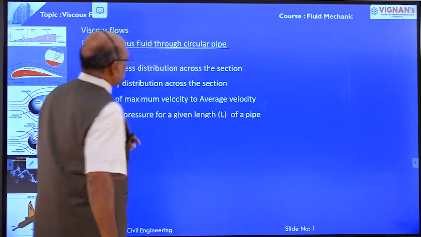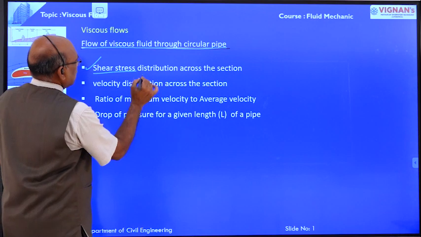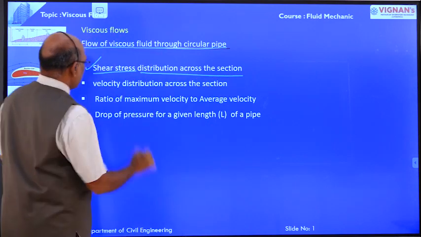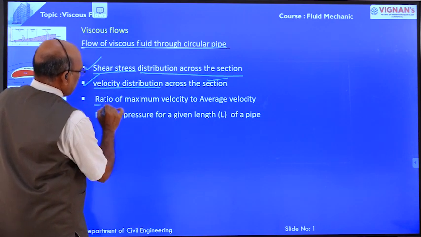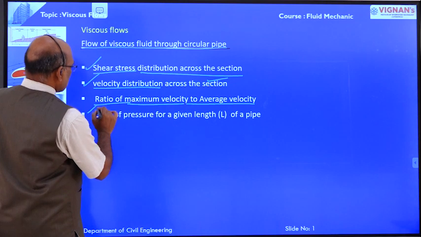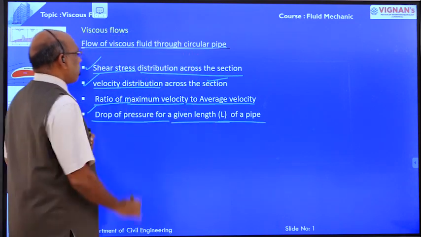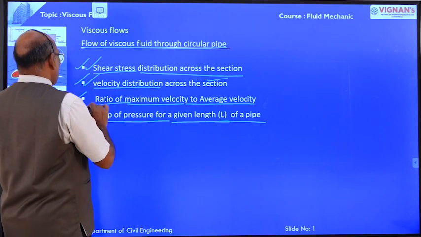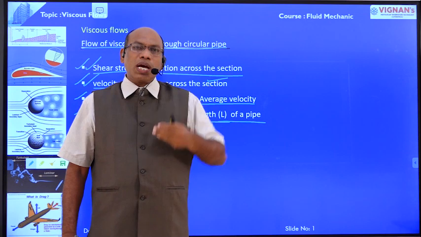We are going to discuss these points: one, shear stress distribution across the section; velocity distribution across the section; ratio of maximum velocity to average velocity; and last one, drop of pressure for a given length L of the pipe. These four points we are going to discuss for viscous fluid flowing through a pipe.